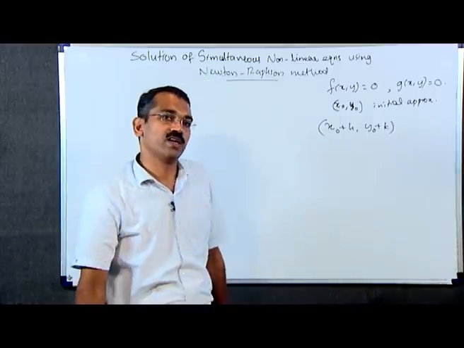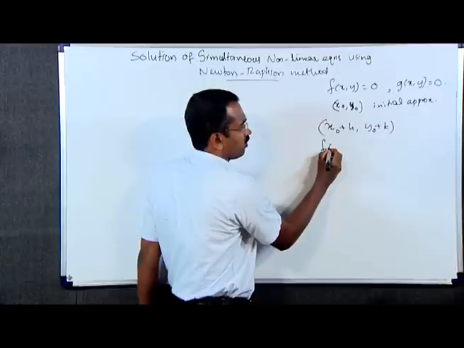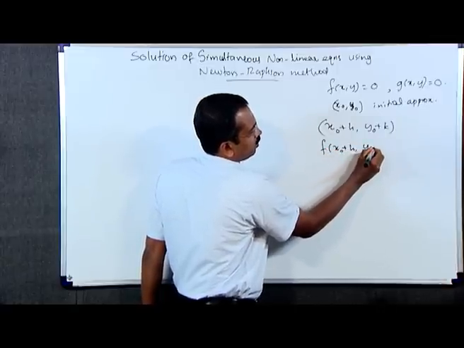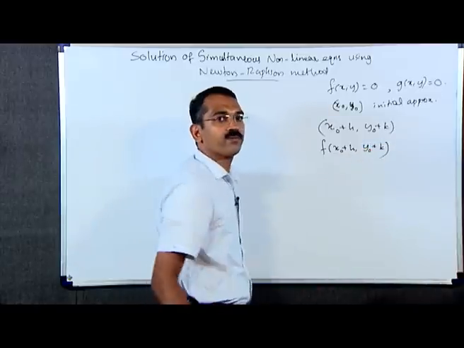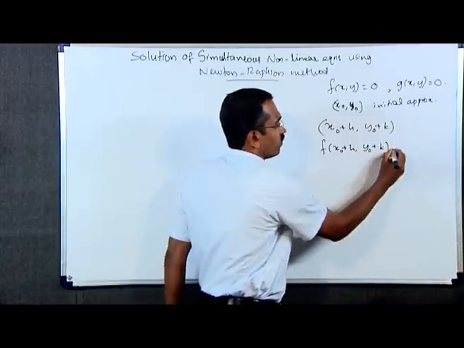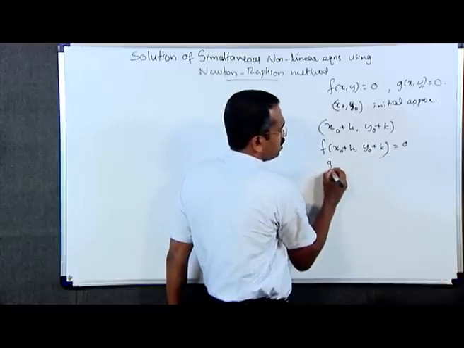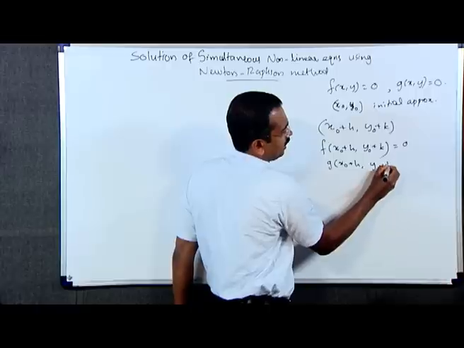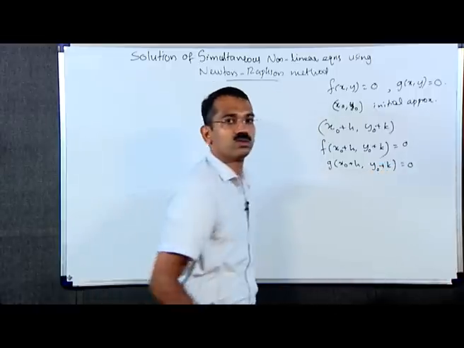Then we can write f(x0 + h, y0 + k) = 0 and g(x0 + h, y0 + k) = 0.